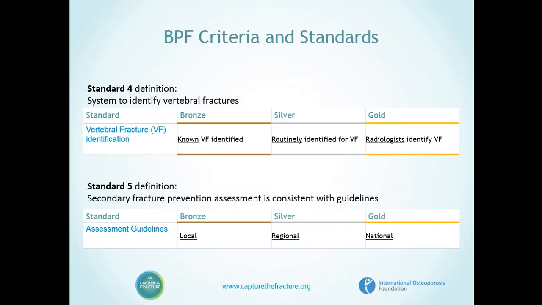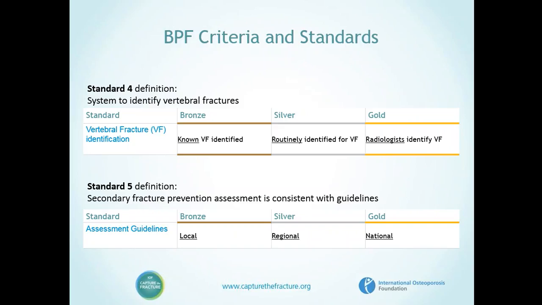Only very few places have this running at the moment, but many are working to implement it. This would mean that a radiologist notices it on X-rays for the pulmonary X-rays or gastrointestinal X-rays, but also on regular spine X-rays taken for other reasons. The other levels is whether it's done routinely or if the fracture patients are known.